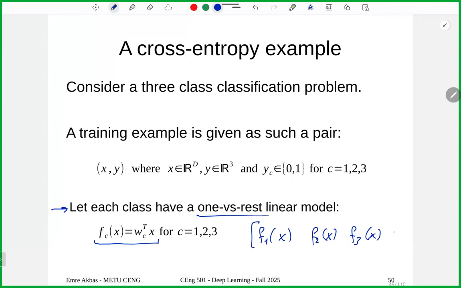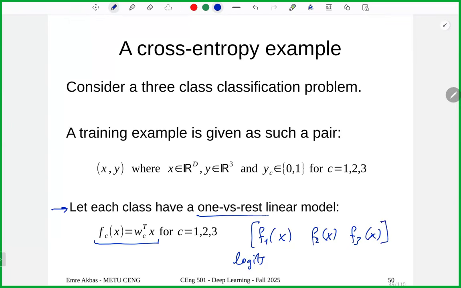We usually call these logits. Note that the logits are unbounded because they are the output of a linear model here. Depending on the weights W, F1, F2, F3 can be negative, can be positive, they can be very large, very small, right? So it's unbounded.